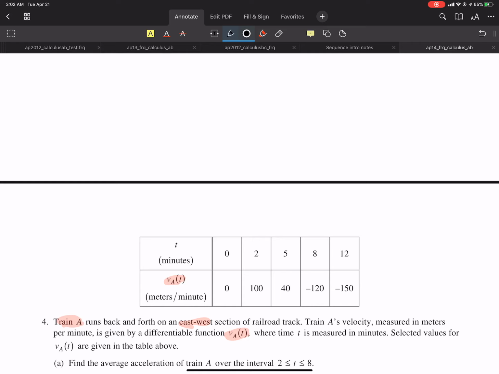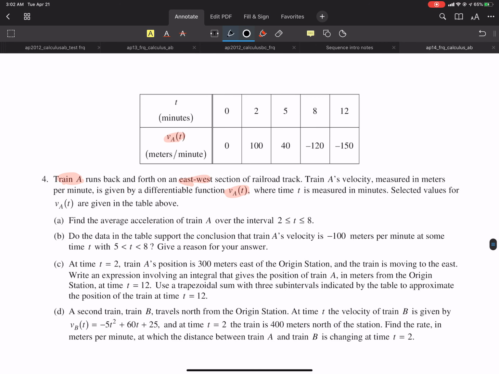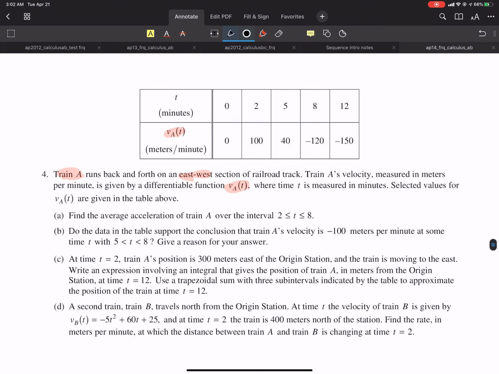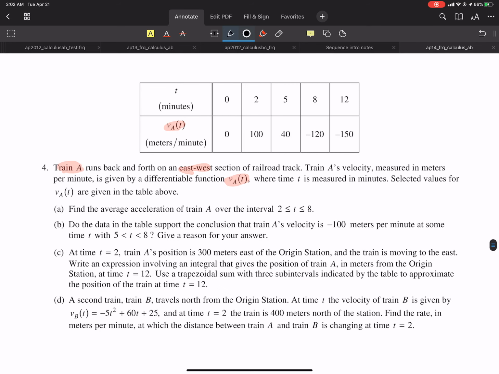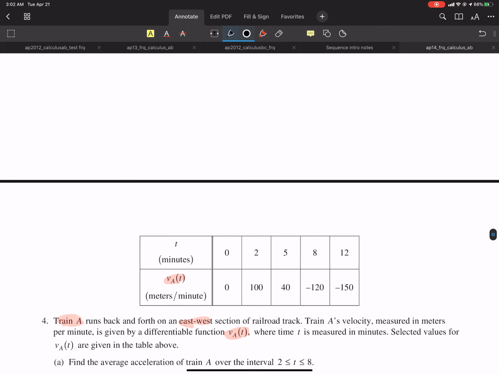Let me read the other parts real quick. So you're going to have train A, okay, part B is train B. You have a station. All right, let's do this.